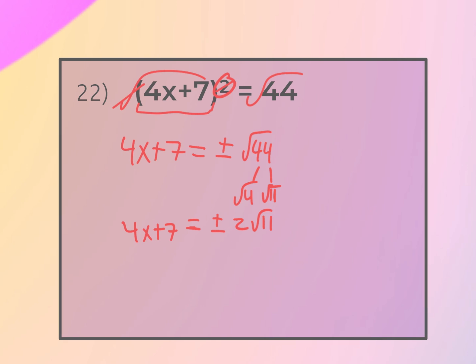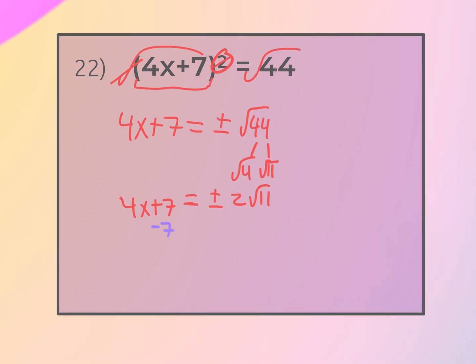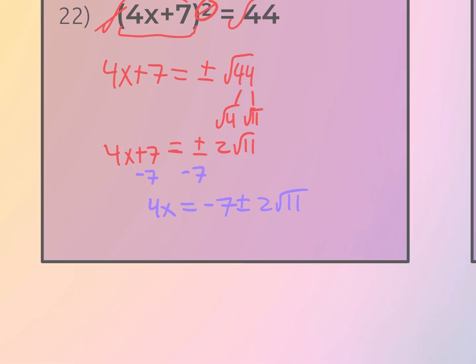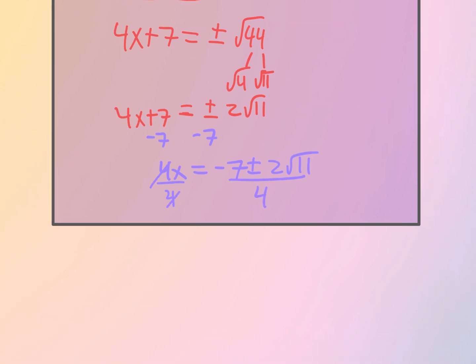And then we just solve as normal. Subtract 7 on both sides. Then we get 4x equals negative 7 plus or minus 2 square root of 11. And then the last thing we want to do is divide both sides by 4. Cancel out the 4's. We get x equals negative 7 plus or minus 2 square root of 11 over 4.